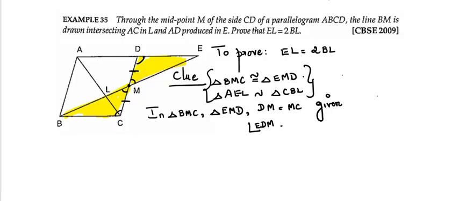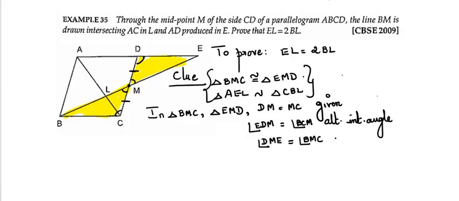EDM is equal to BCM, alternate interior angle. Since it is congruence, you need to say DME is equal to BMC, vertically opposite. Listen, this can be done using AAS also. AAS can also be used.